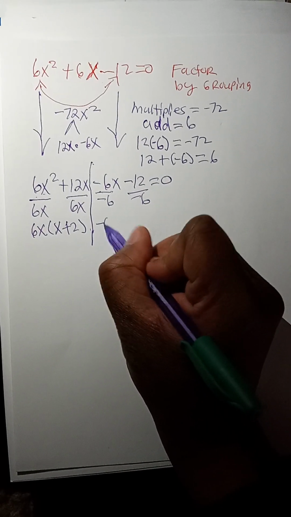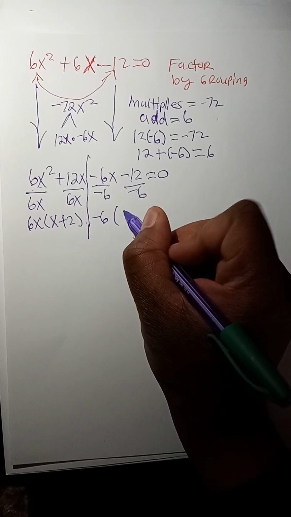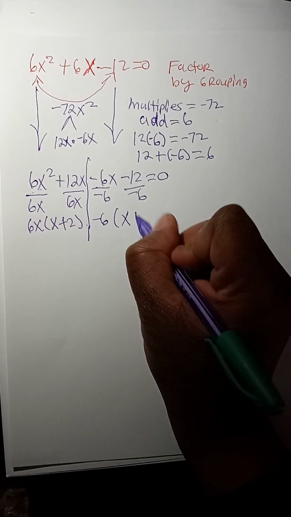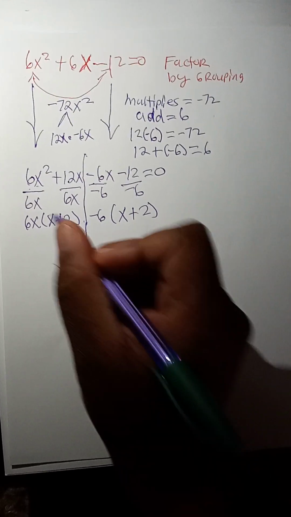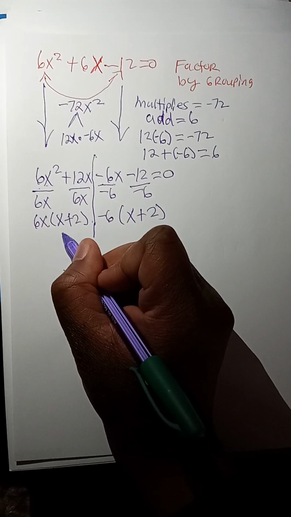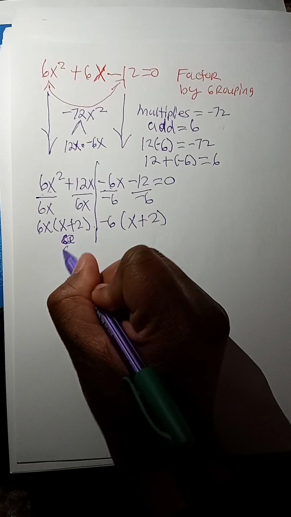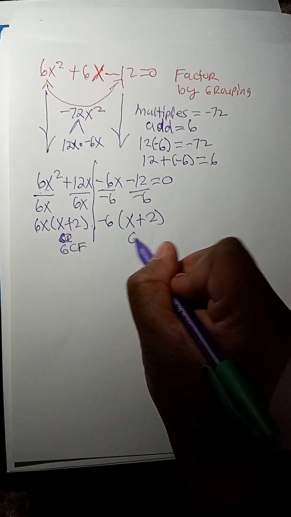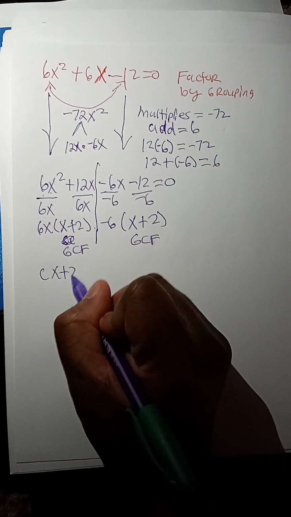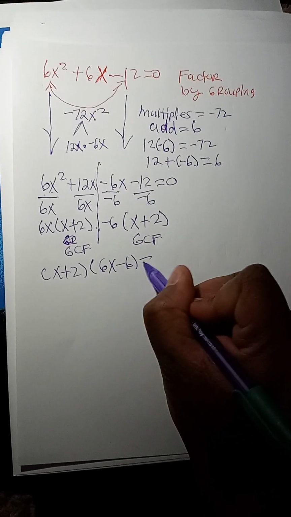And then pull a negative 6 out. Negative 6x divided by negative 6 is x, and then negative 12 divided by negative 6 is 2, so plus 2. And see how x plus 2 appears on both sides of the divider line. So that is the greatest common factor. And we want to put that first. So x plus 2 times 6x minus 6 is equal to 0.